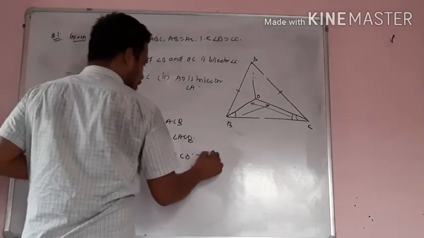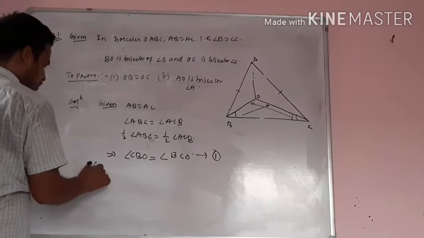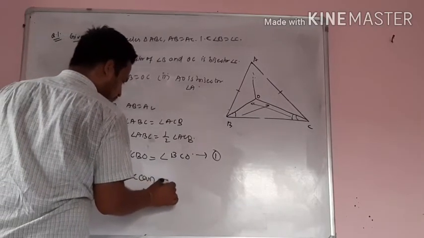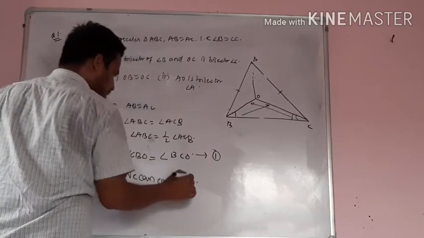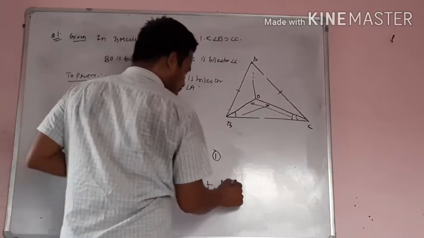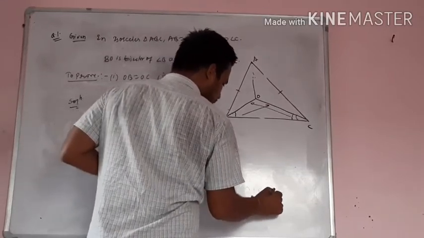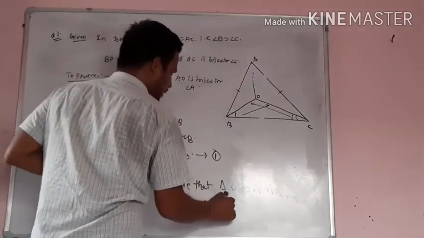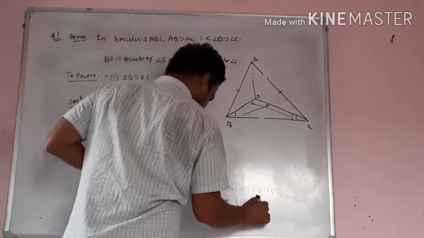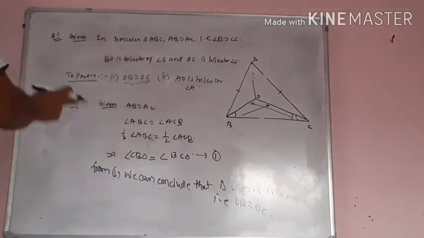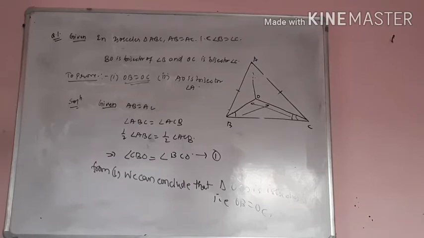So from 1 we can conclude that triangle OCB is an isosceles triangle, that is OB equals to OC. First part we have proved. First part, what is that? OB equals to OC, that we have proved.